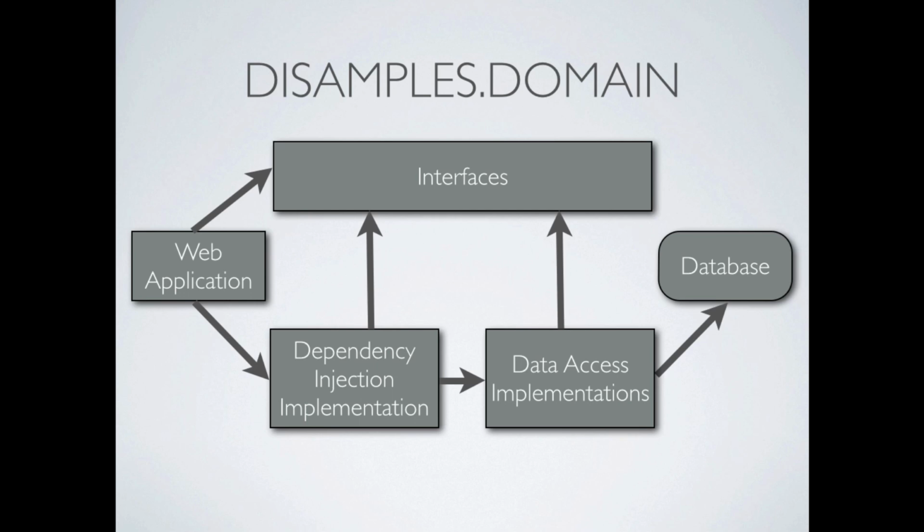Now here again, the interfaces being the core of the domain, where we would have our business models and our various business concepts, everything points inward toward that. It's critical that no arrows point outward from that to something else, because that would introduce a dependency from within those business logic objects.